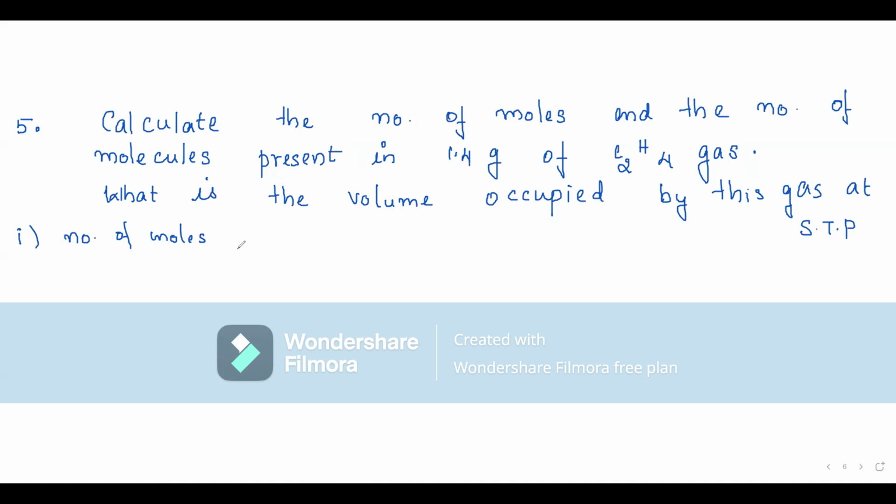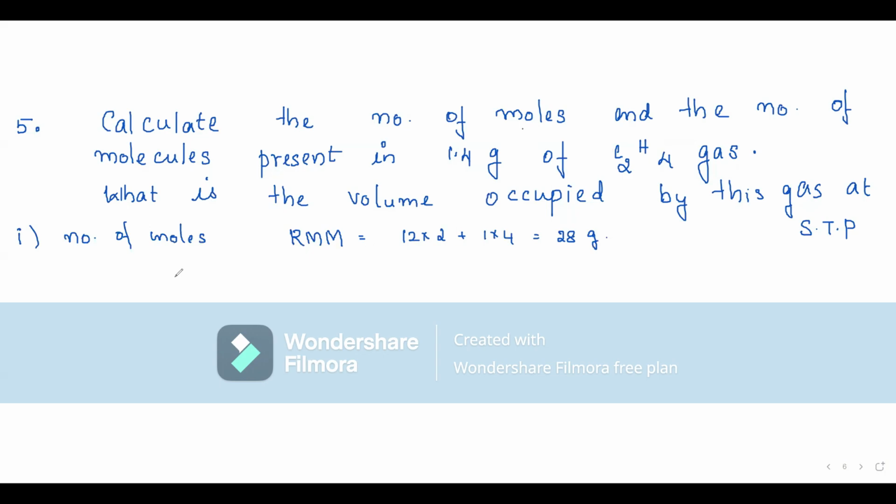1.4 gram of C2H4. First step is to calculate RMM. RMM of C2H4 is 2 into 12 plus 1 into 4. That is 24 plus 4, that is 28 gram. Now, what is the relation?